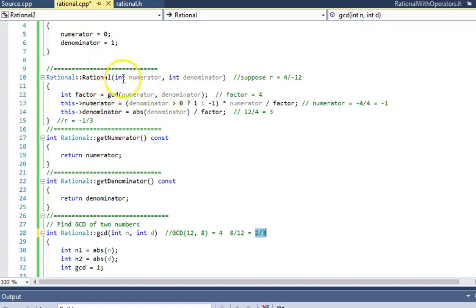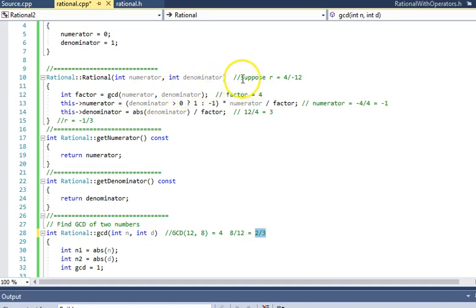Now, it's important to understand what this other constructor does. It basically reduces the fraction to its lowest term using the greatest common divisor, and also reformats the fraction such that if it is a negative fraction, it attaches the negative sign to the numerator.